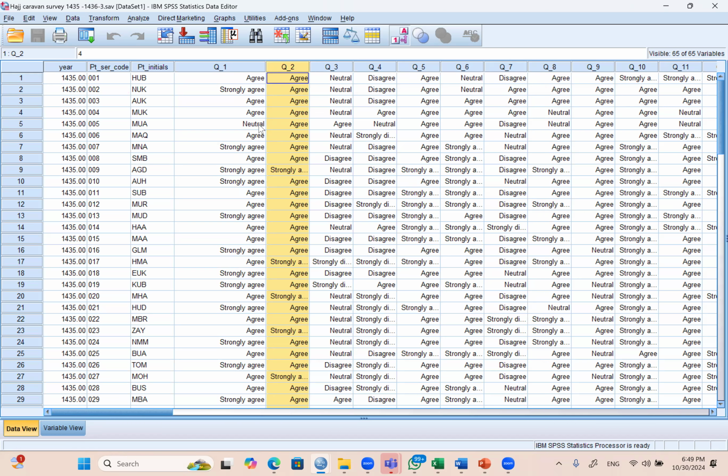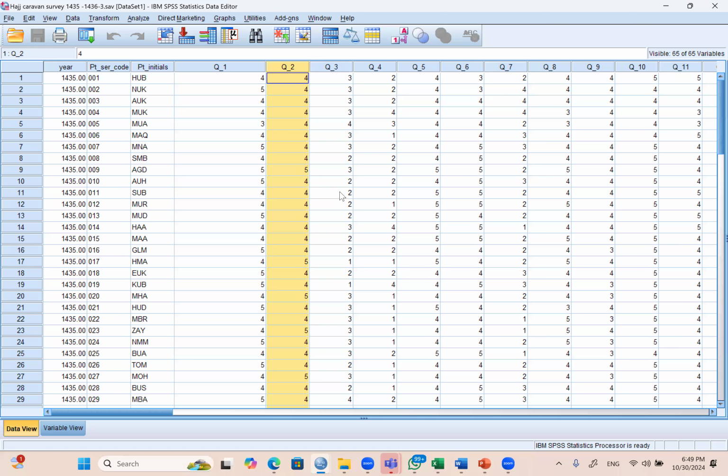This is what we call the Likert scale. So these are the responses, and this is how they are coded. Because when we are doing statistics, we always want to convert responses to numeric codes. So now we have numeric codes for these responses.